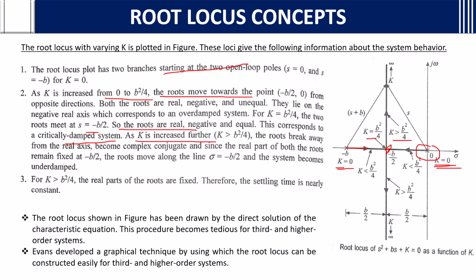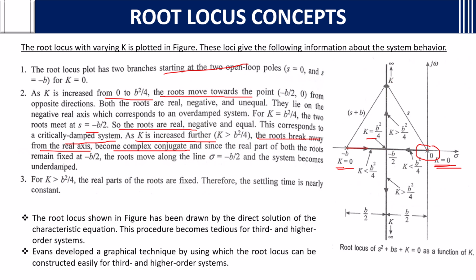As k is increased further, k greater than b square by 4, the roots break away from the real axis as we increase k more and more, up to but less than infinity, as you have seen in the previous slide. They break through the real axis and go to complex conjugate, that is vertical.